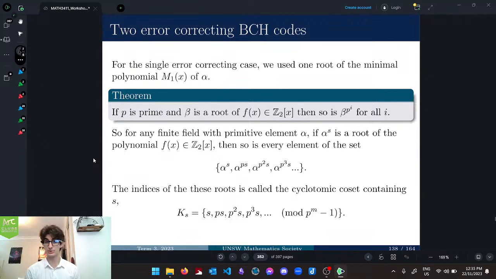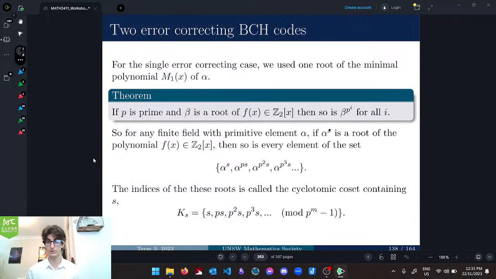So note that if p is prime and beta is a root of some function in our field here, then so is beta to the p to the power of any i. So for any finite field with a primitive element alpha, if alpha to the s is a root of our polynomial, then so is every element of this set.